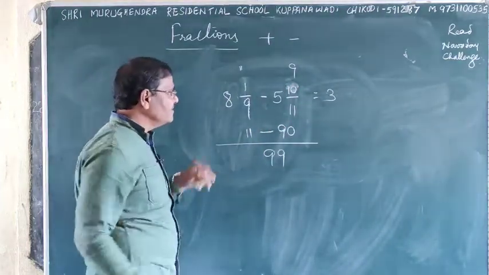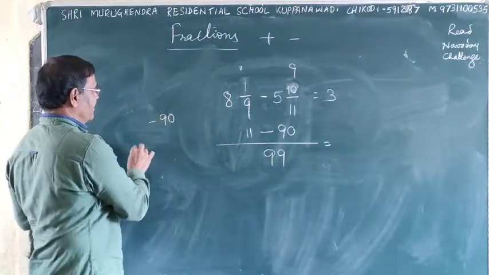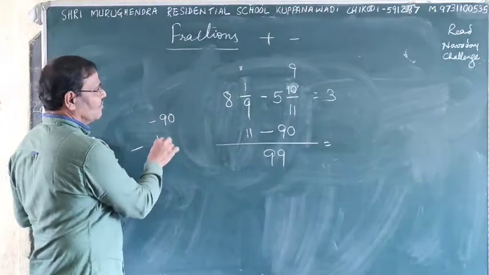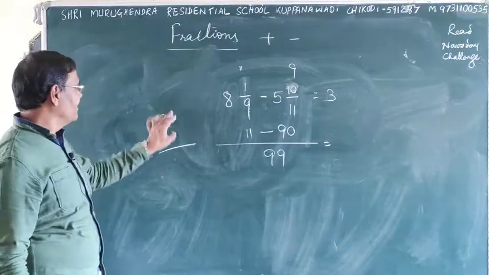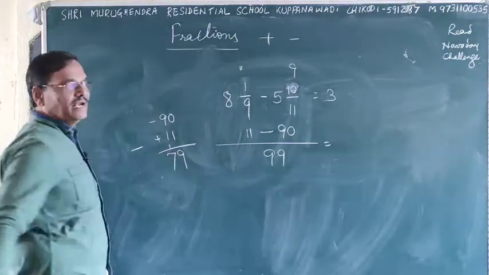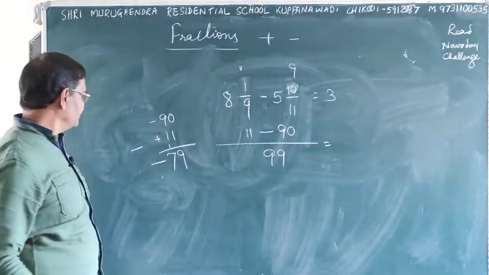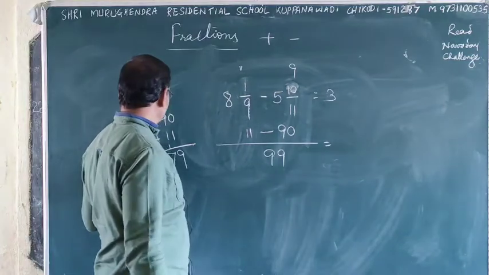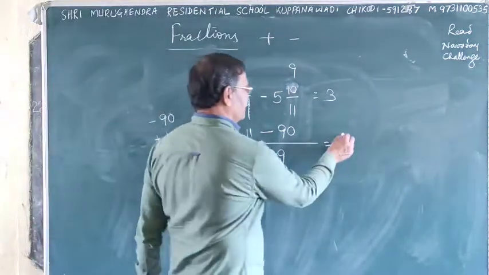What remained here is, see, minus 90 plus 11. Then what is the value? 79 it is. Isn't it? Value of this is minus 79.